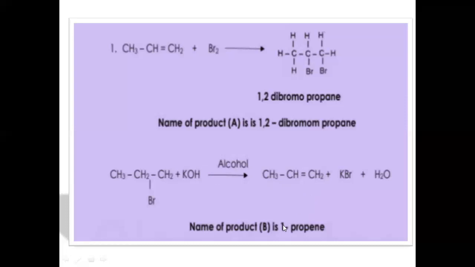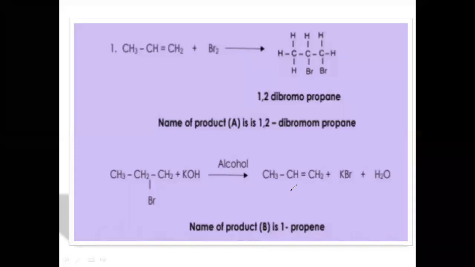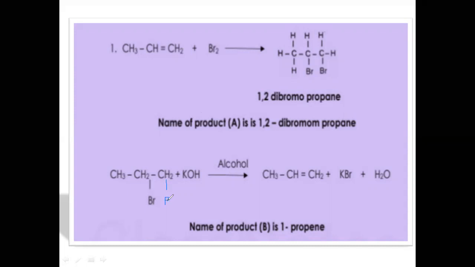You can see in this first case, 1,2-dibromopropane, two bromine atoms are present. One bromine is present at carbon number 1 and one bromine is present at carbon number 2.